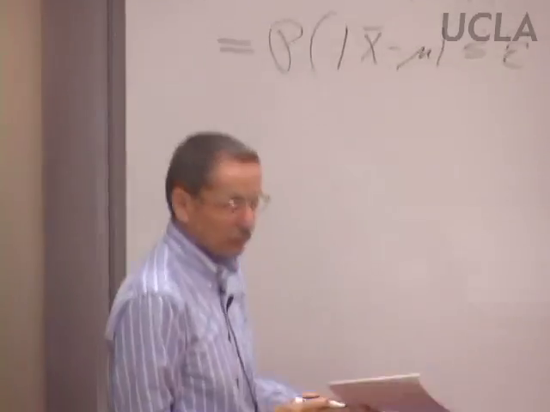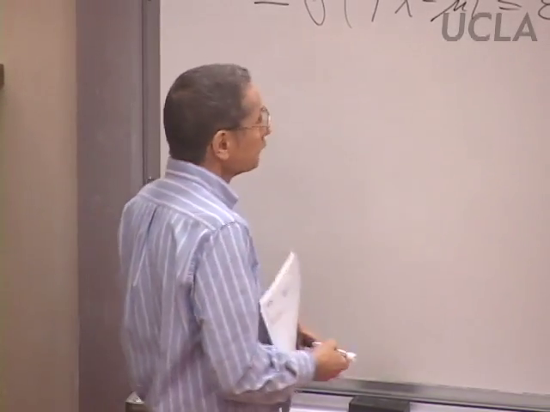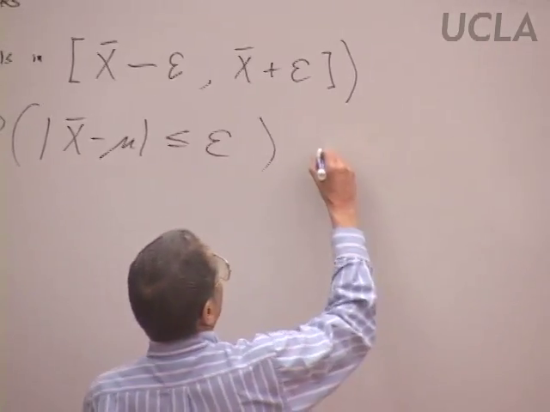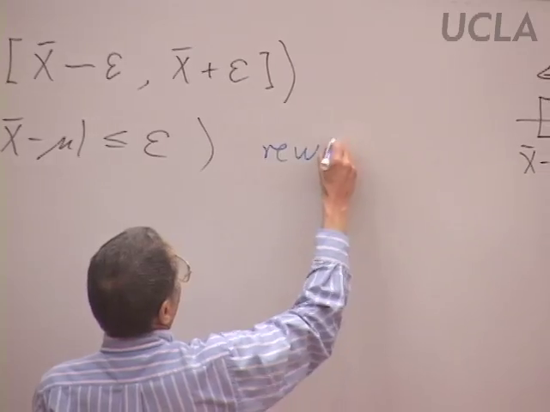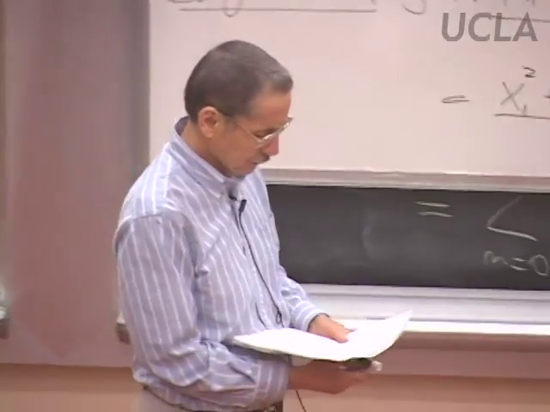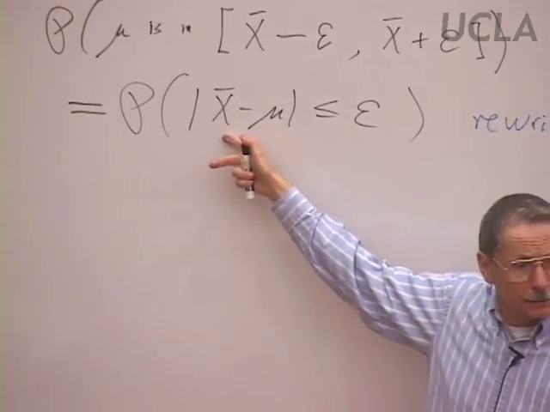Right, so that's just rewriting. Now we use the fact that x bar is normally distributed, almost, and we want to standardize.